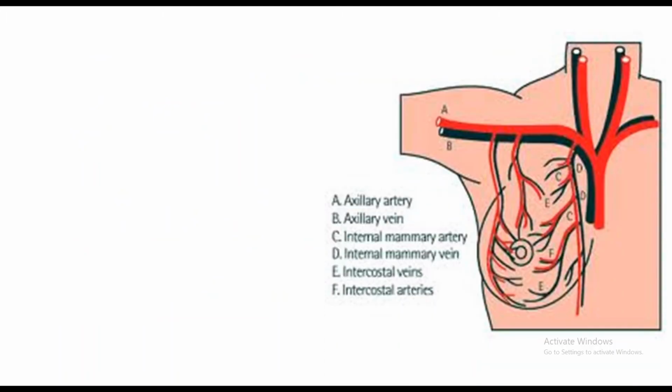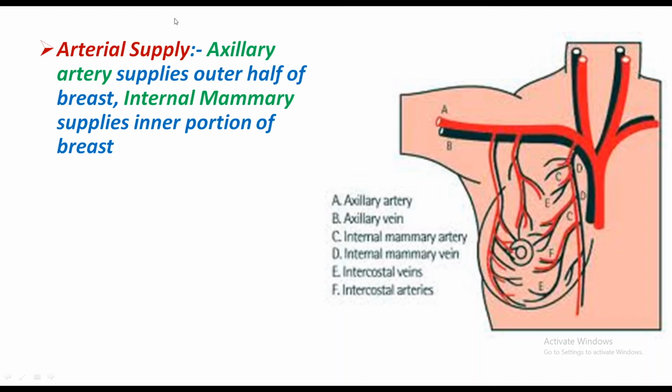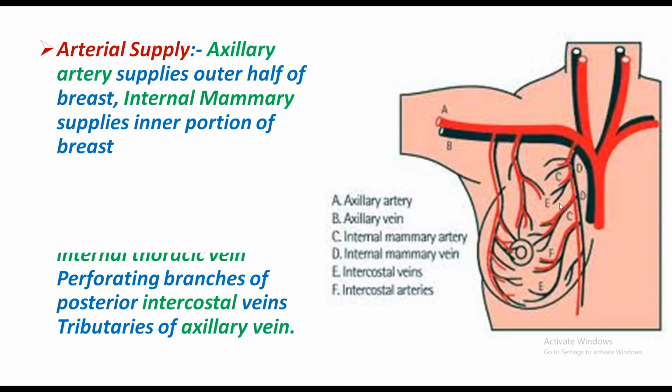Let us explain the vascular supply. So, arterial supply is by the axillary artery which supplies the outer half of the breast. It is also supplied by the internal mammary artery which supplies the inner half of the breast. So the outer half is supplied by the axillary, the inner by the internal mammary.